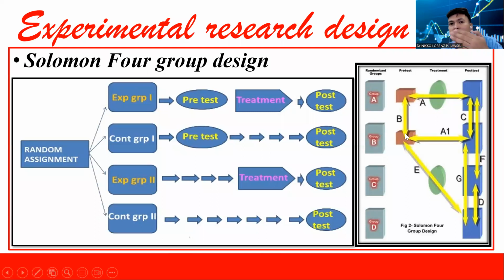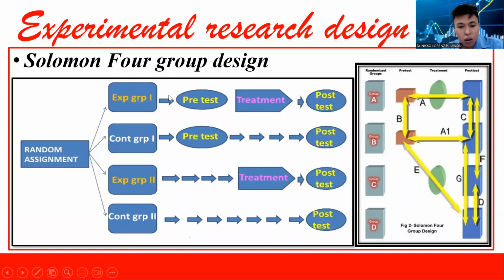So you will check if they are behaving at the same level at the beginning of the treatment. And then the second line, the difference between the pre-test and the post-test with the treatment for A, this one.